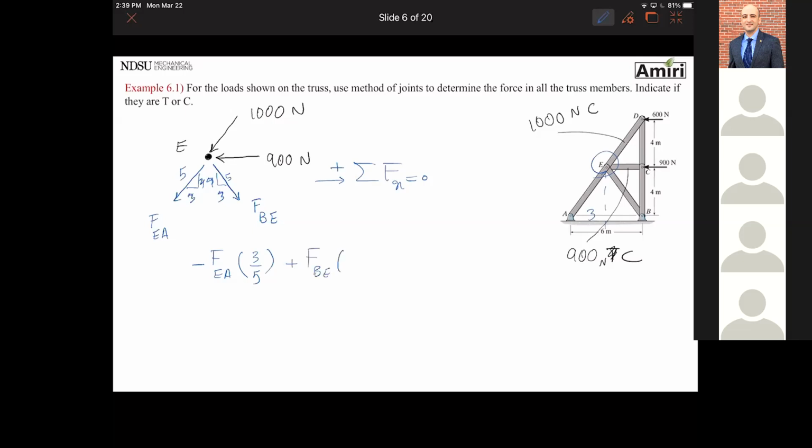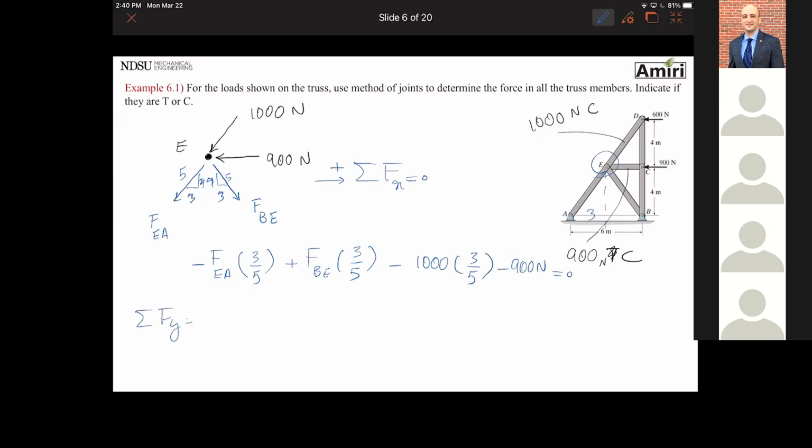This is going to be 3 over 5. Yeah, that's going to be 3 over 5 minus 1,000. That one is also going to be 3 over 5 minus 900 newtons equals 0.